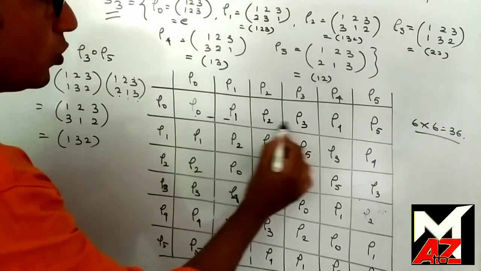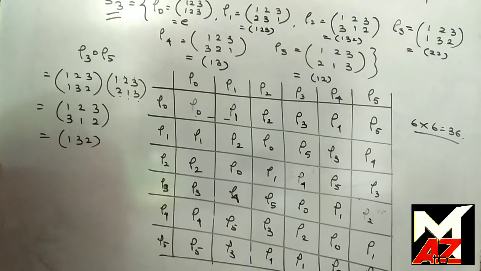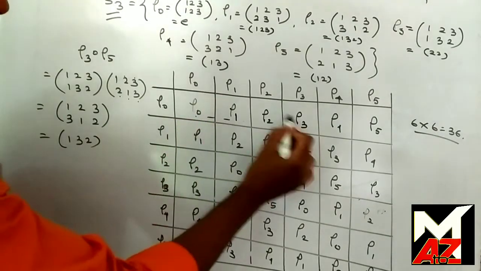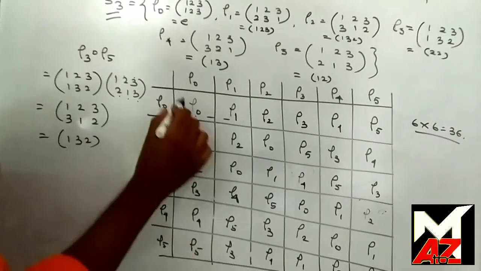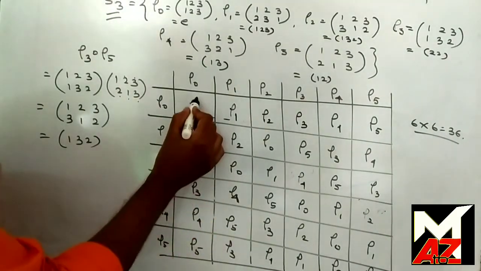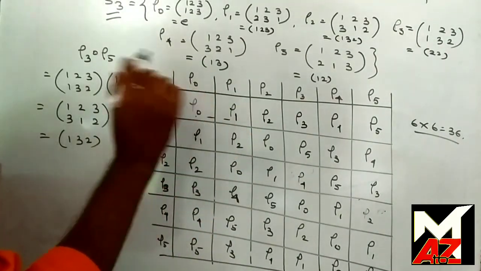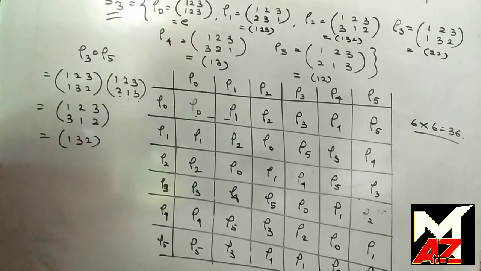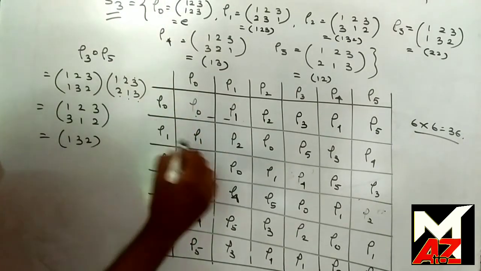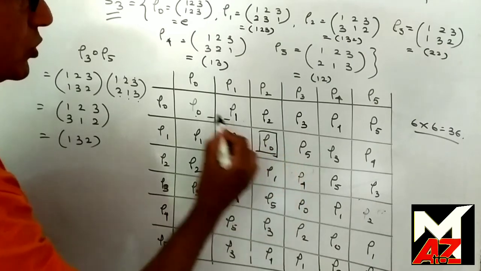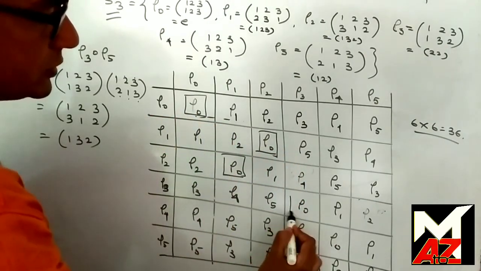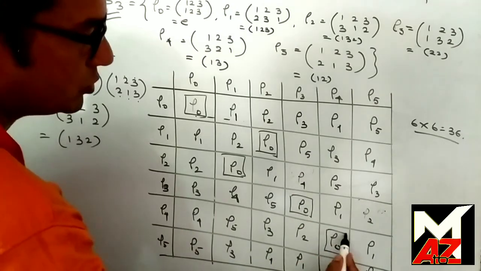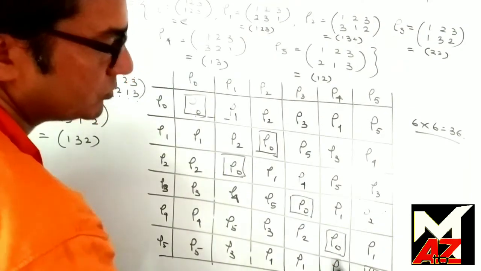The first row and the first column are the same as the top row and left column, so we say that row 0 is the identity of this set. If we mark row 0, here is row 0, here, here, here, here, and here.